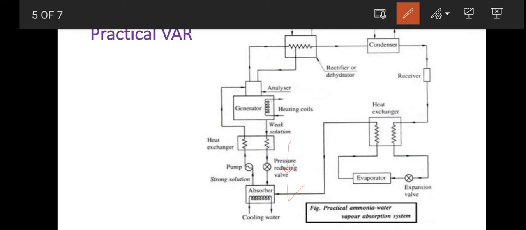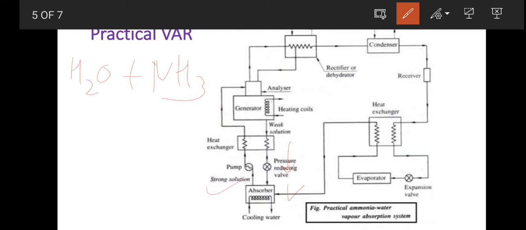Weak solution means the mixture of water and ammonia. This weak solution comes after heat exchanging and through the pressure reducing valve, and in the absorber it mixes with the low pressure liquid ammonia and, after exchanging heat with the cooling water, is converted into the strong solution.